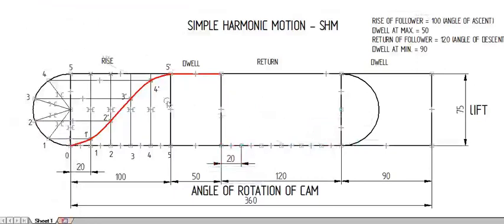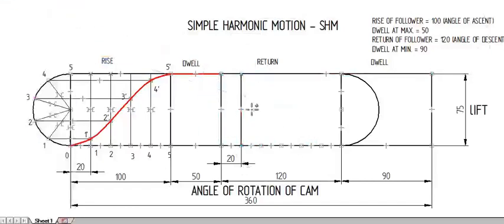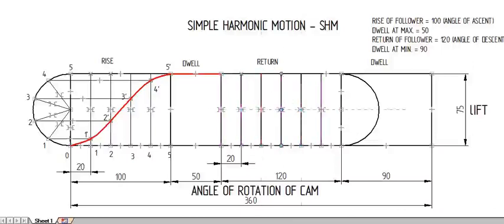Now construct vertical lines for each section, showing these as thin lines. So here I have constructed 6 sections.